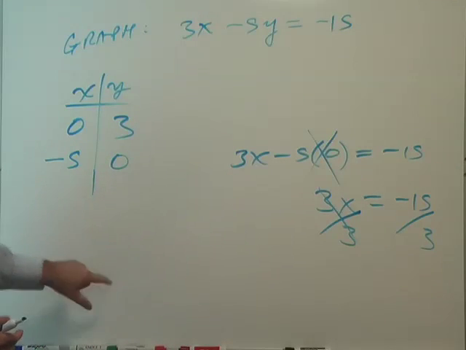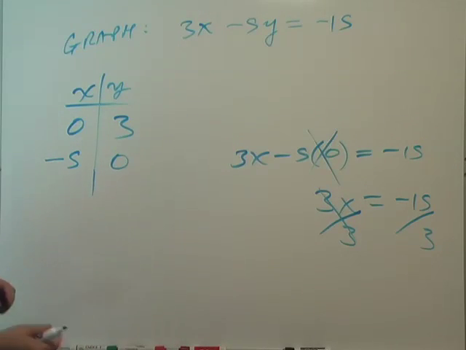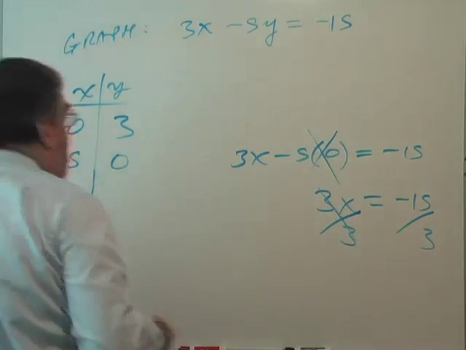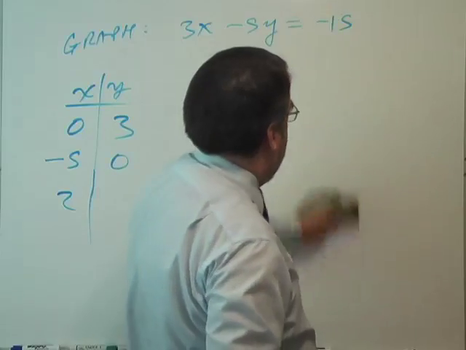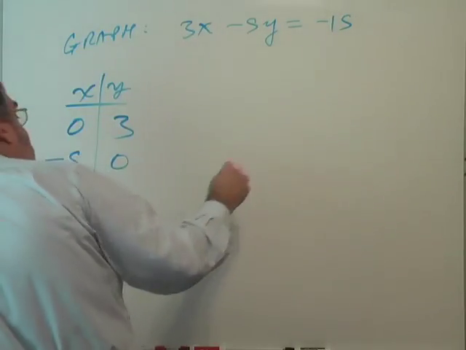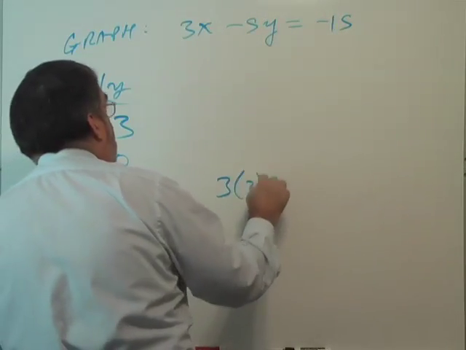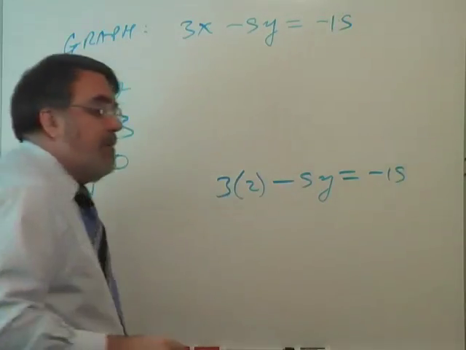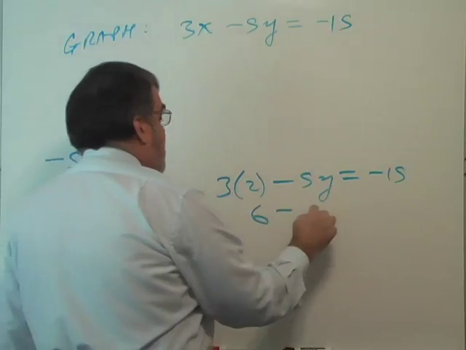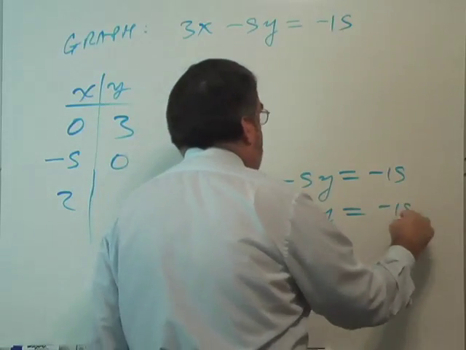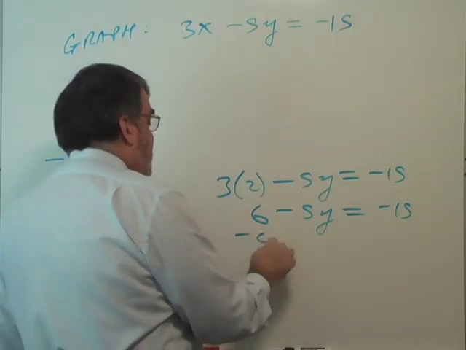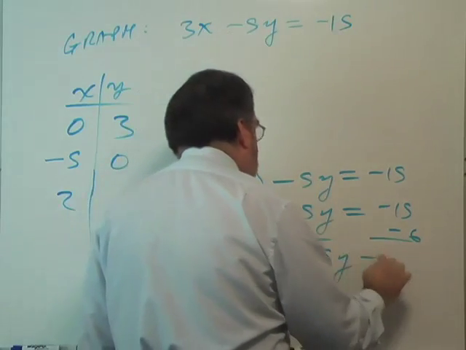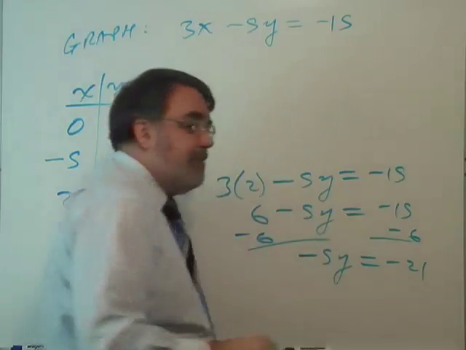Well, we can list some more points. For example, if x was 2, what would y be? So let's go after that and see what we get. So 3 times 2 minus 5y equals minus 15. That would be 6 minus 5y equals minus 15. If I subtract 6 from both sides, I get minus 5y equals minus 21.